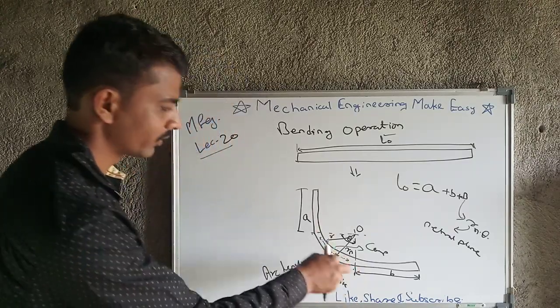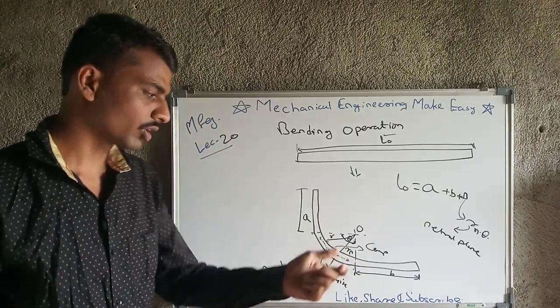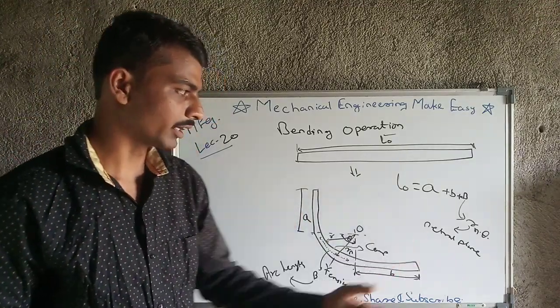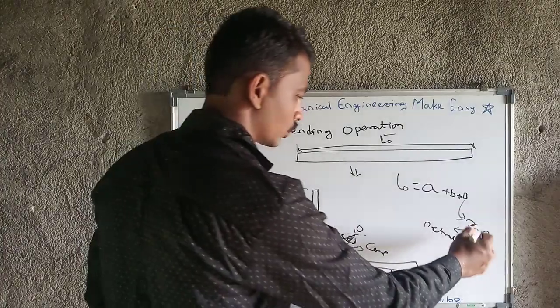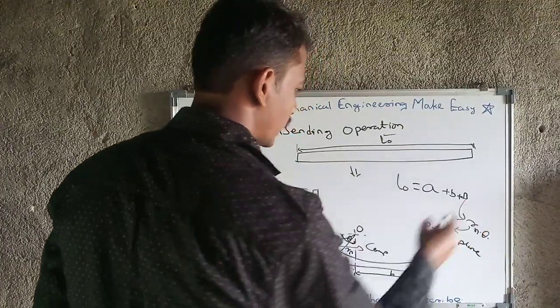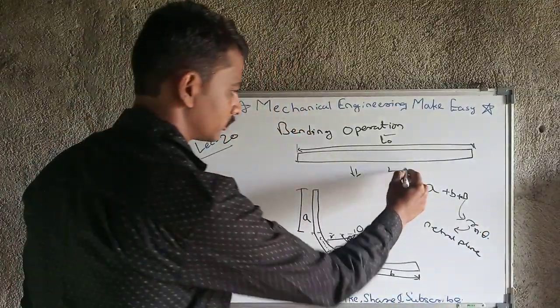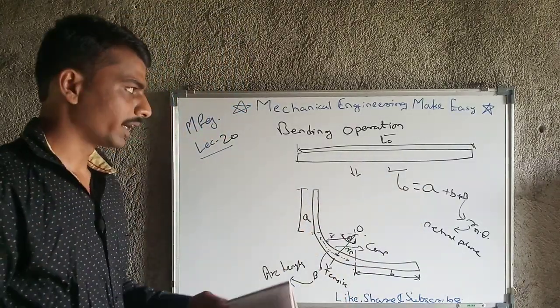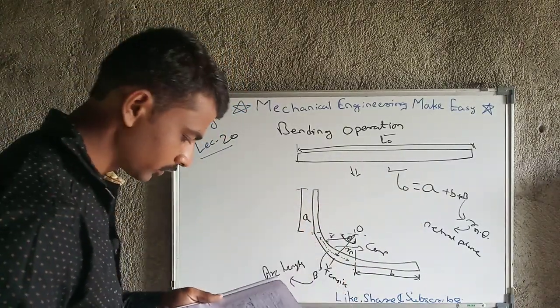But if we take the neutral plane, that plane will have neither compressive nor tensile stress. The radius of the neutral plane into theta gives us the value of the arc length. So this is the original length that we have to take while performing the bending operation.